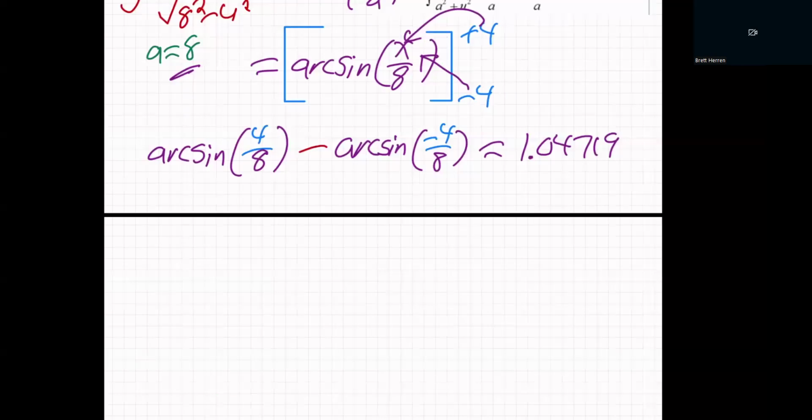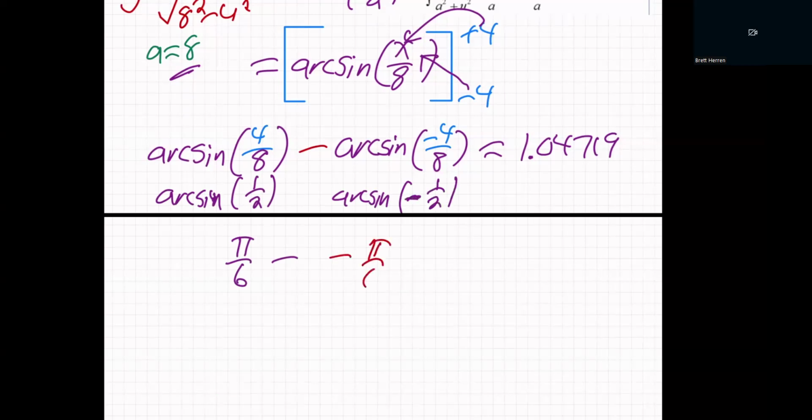Well, it's because this is really the arc sine of a half. I don't know if you remember your trig. What is the angle where the sine is a half? It's pi over 6. And this one is the arc sine of negative half. What is the angle where the sine is negative a half? It's negative pi over 6.